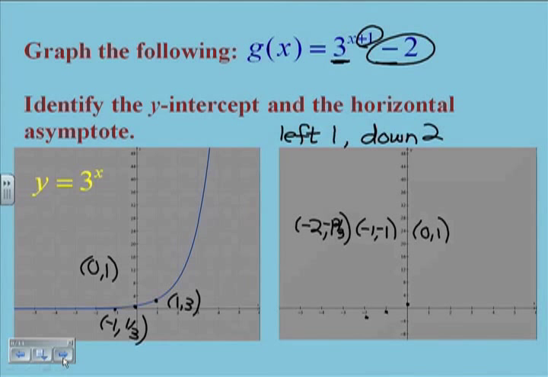One other feature, what about my asymptote? My x-axis is my asymptote, and it doesn't matter about him moving left. He's a line. But what about the down 2? It means that at negative 2, I've got my horizontal asymptote. And so my curve is going to look kind of like that.